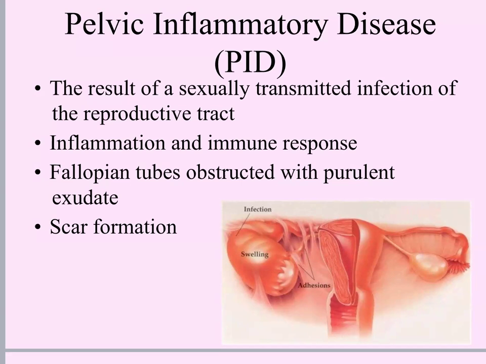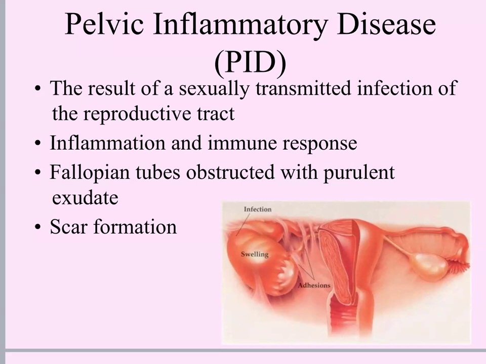So what happens is we have, once again, that inflammation and immune response. So the immune system responds to the invading bacteria, and then that causes inflammation, edema, and pus formation in those affected tissues. In the fallopian tubes, inflammation can cause those tubes to swell, to scar, and to get blocked.